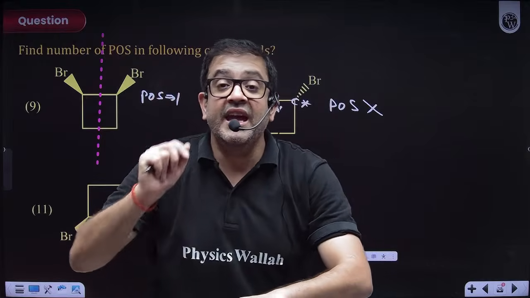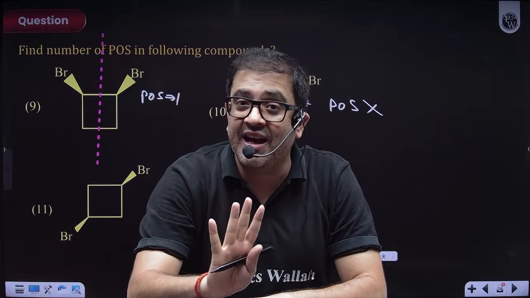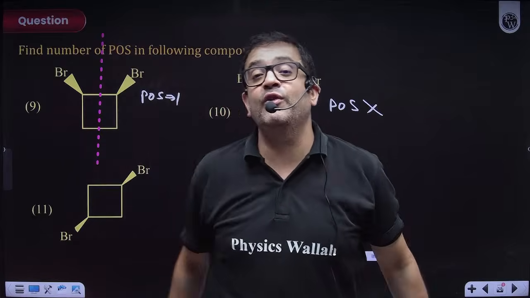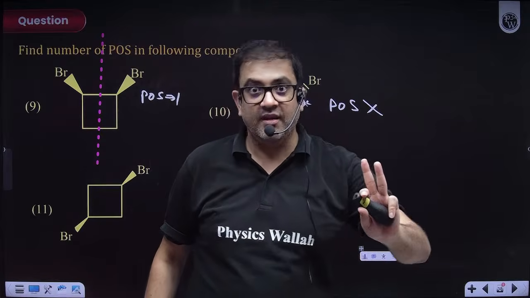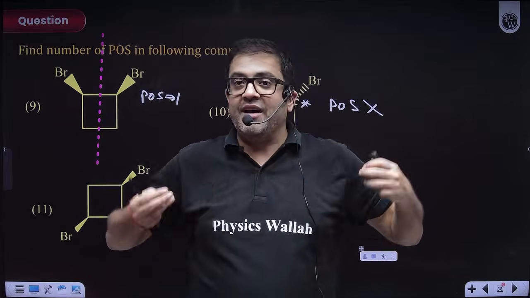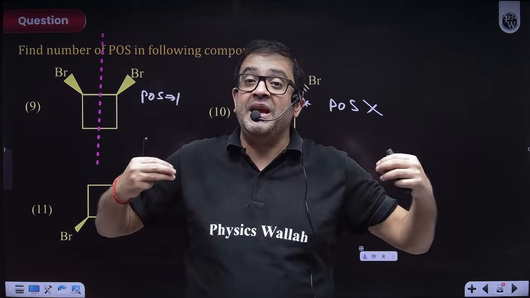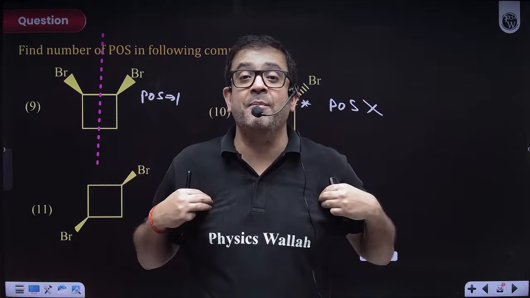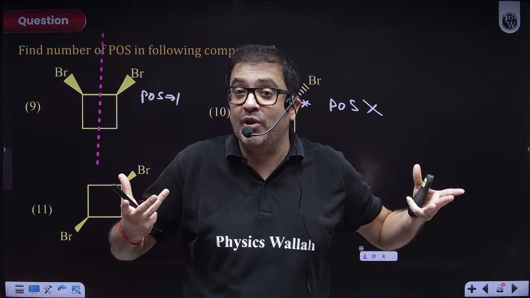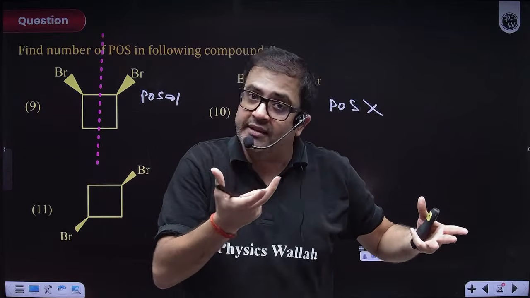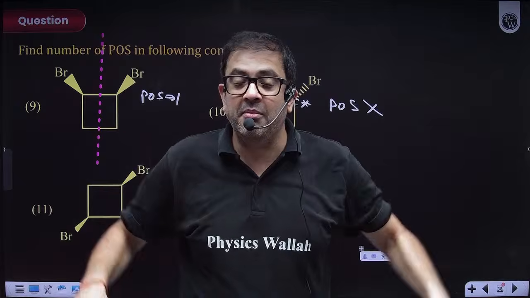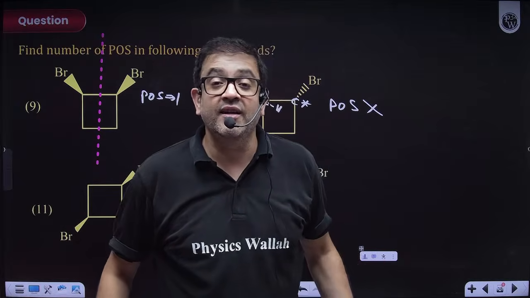Without doing an experiment, I am telling you, it has more chiral carbons. See beta, if a compound is having only one chiral carbon, then obviously it will always be optically active, because if you make my solution and make it go in that cylindrical polarimeter vessel, then it will obviously rotate plane polarized light.